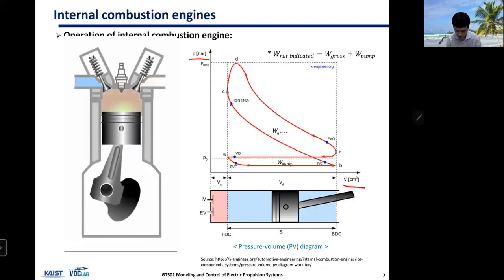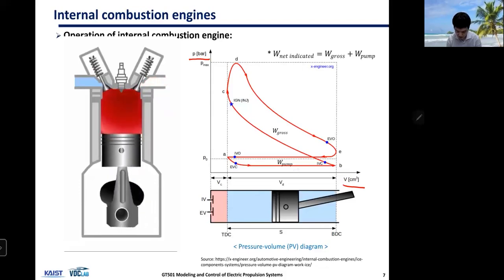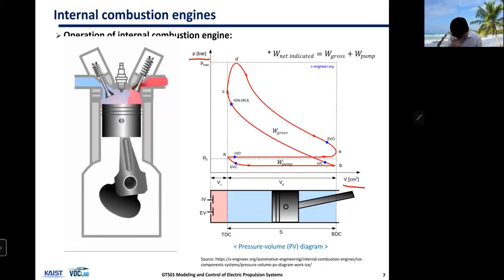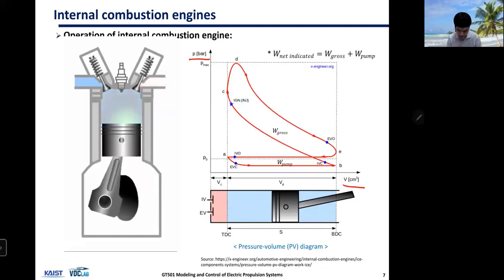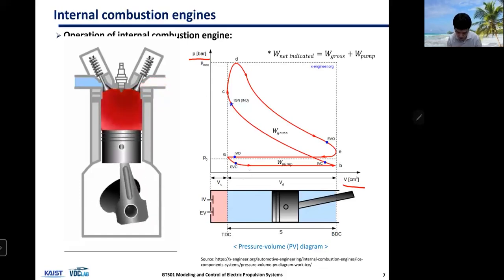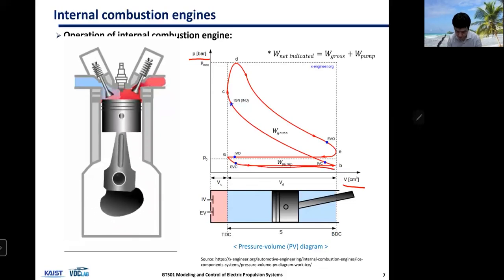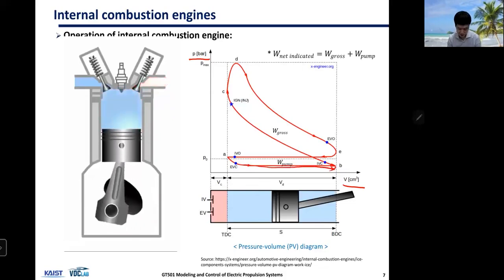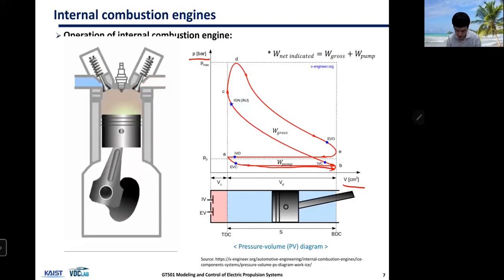What happens is that during intake, you increase the volume, and then you are creating some vacuum inside the cylinder, and that sucks in the air, and then you compress that air, and then you ignite, and that ignition burns fuel, and that creates a large increase in pressure.